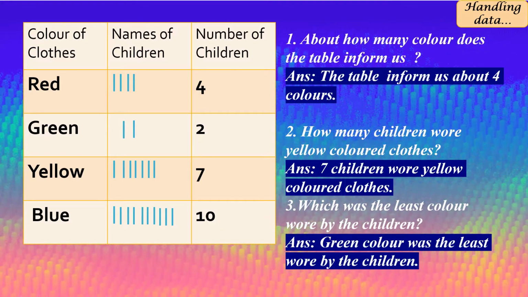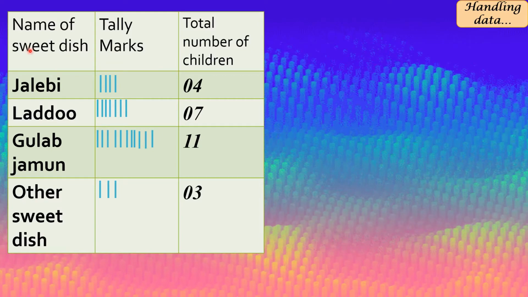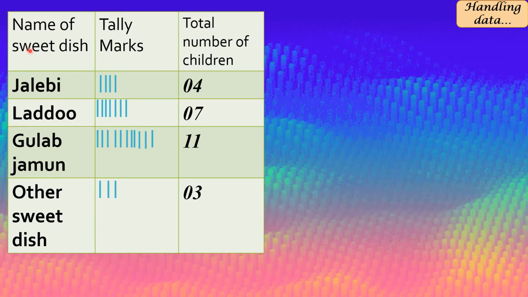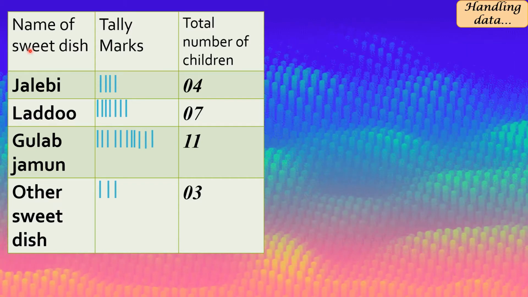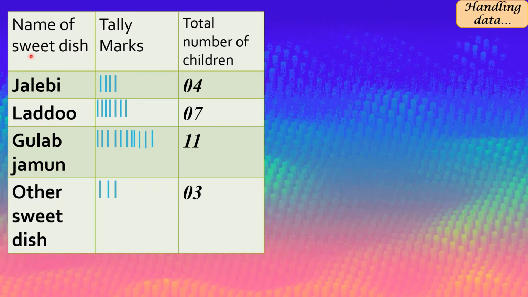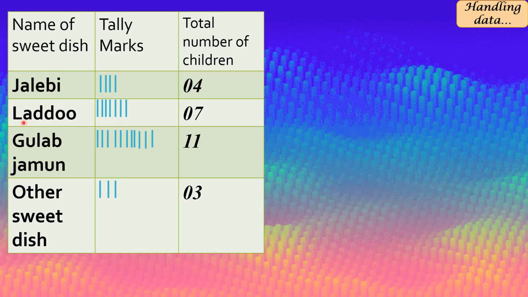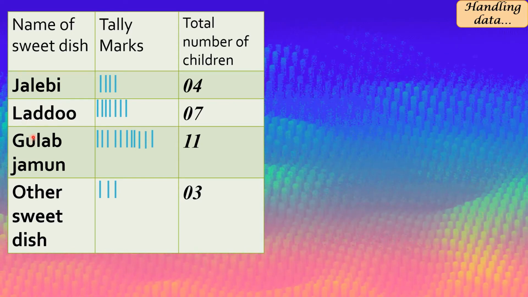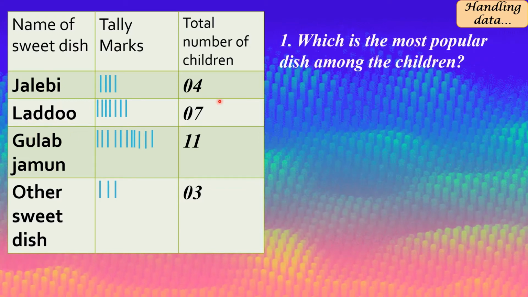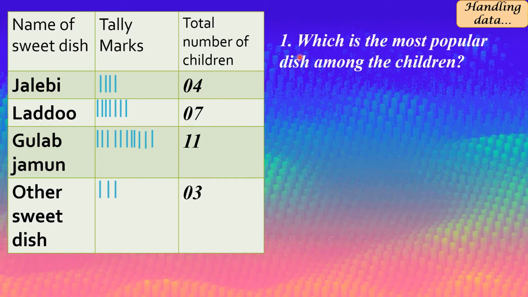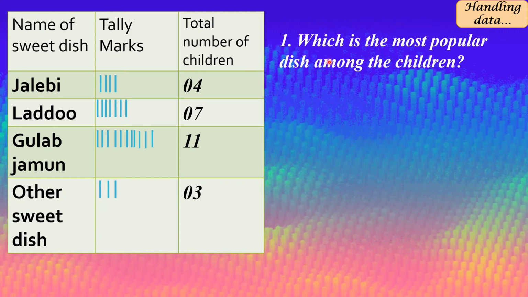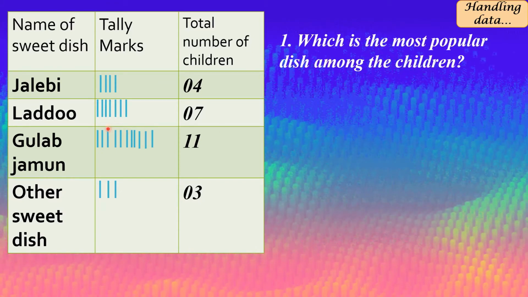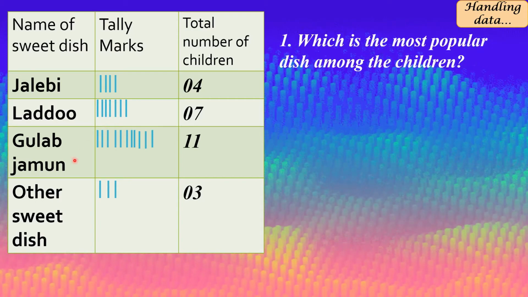Okay. So students, here is another example for you about sweet dishes. Wow, all time favorite of all of us. Name of the sweet dish here? Jalebi, laddu, gulab jamun and other sweet dishes. Okay. So let us see the question based upon this sweet dish. Which is the most popular dish among the children here? You can see the vertical lines are most in the gulab jamun only.